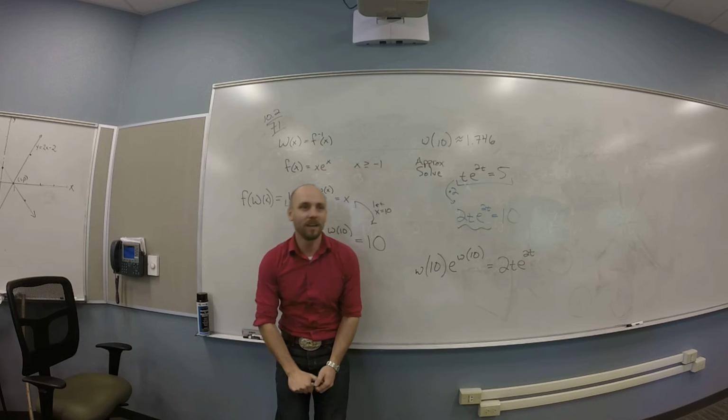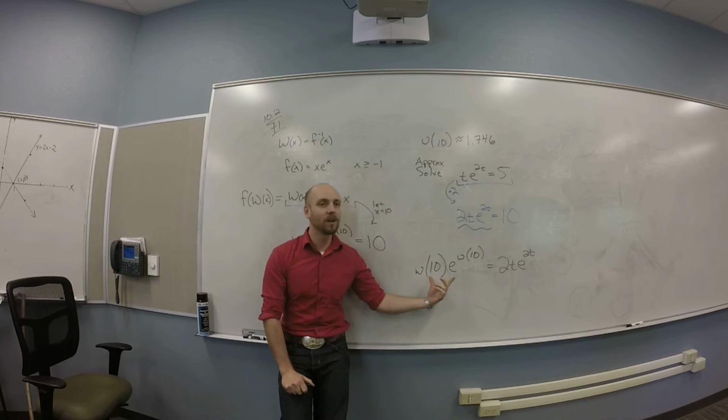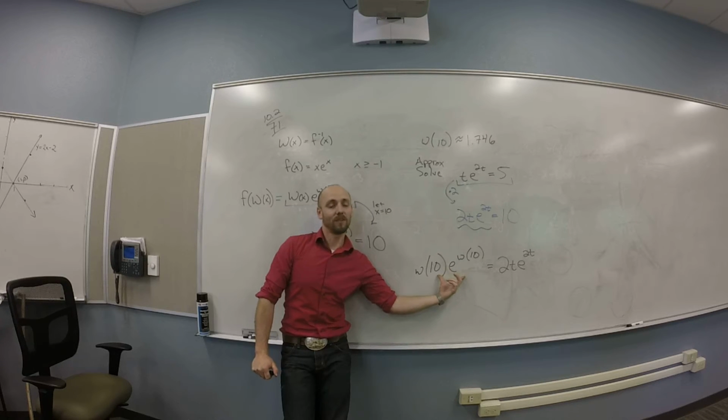Is it a variable or a number or a function? It's a number. It's a number I don't know off the top of my head, but it's not even an unknown number. It's not a variable. This is actually legitimately a number.